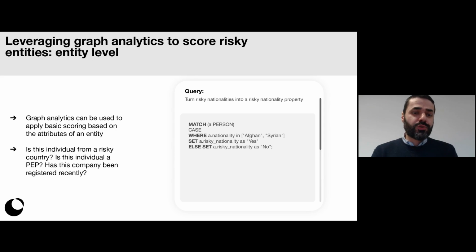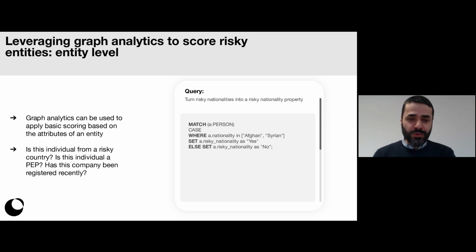First, it's possible to leverage graph analytics to score risky entities at the entity level. Graph analytics can be used to apply basic scoring based on the attributes of an entity. We have an example of that on the right with a graph query written in Cypher, a popular graph query language.